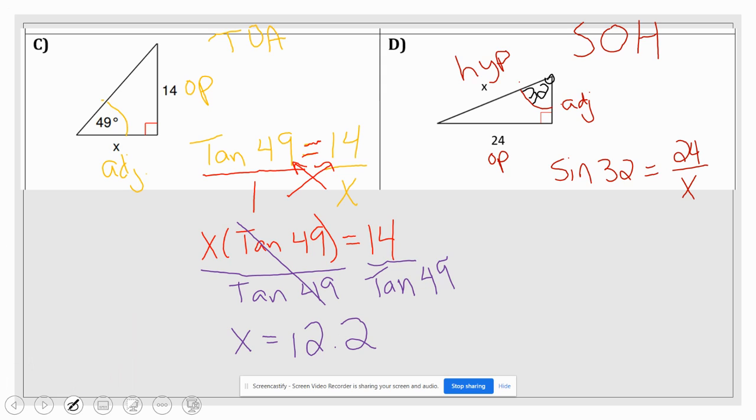We've learned a couple of ways to work out solving for x. I like using cross products personally. So I'm going to cross products here. X times sine 32 is equal to 1 times 24, which is 24.